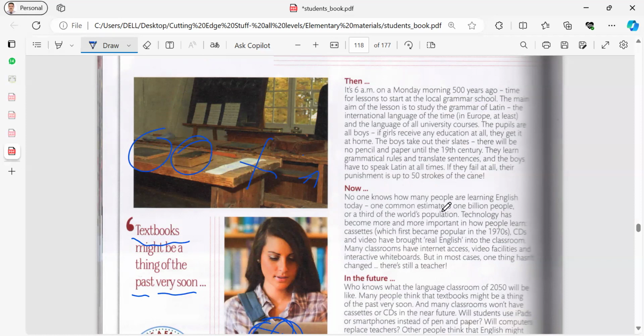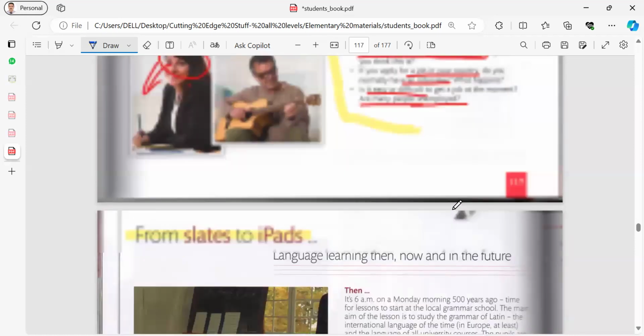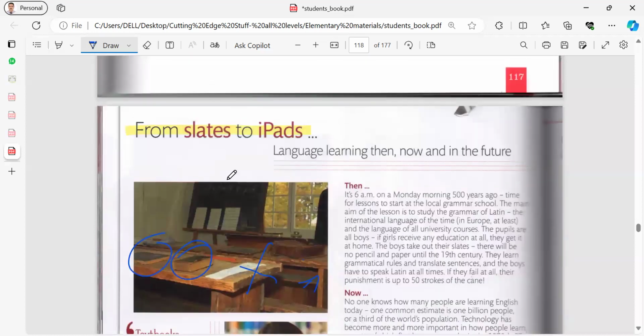So now the future. Okay, so I give you some time here: from slates to iPad, language learning, then now and in the future. So how do people learn? What does slates mean? Here slates, as I told you, are like wooden boards.